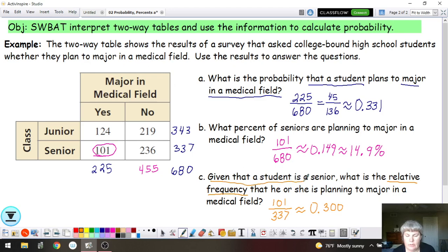That's very important. Given that a student is a senior, what is the relative frequency that he or she is planning to major in a medical field? That is 101 students out of 337, which is approximately 0.300. And that is how we can find probabilities or percents using our two-way tables.